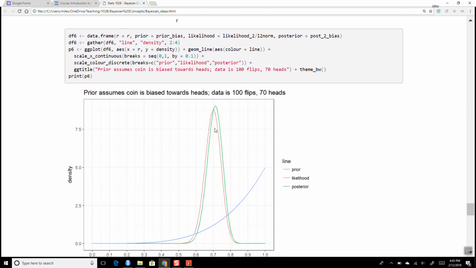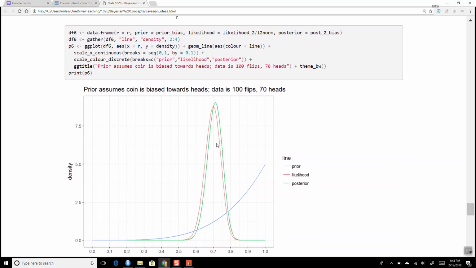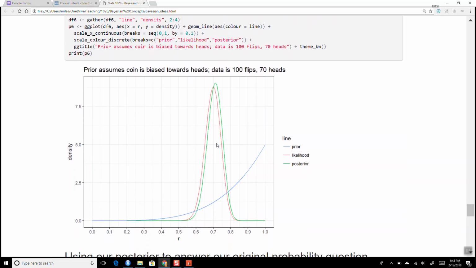Similarly, here's our prior, and my likelihood is the red line, which is quite pointy, and because this one carries a lot more weight, the posterior is a compromise between the blue and the red, except it puts a lot more weight towards the likelihood and matches up with it a lot more closely. All right. Is this okay?